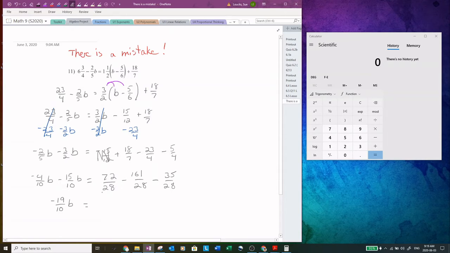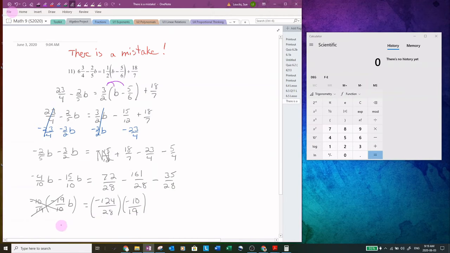Oops. 72 minus 161 minus 35 is negative 124 over 28. And I can multiply this side by negative 10 over 19, and those cancel. And then I'm going to multiply this side by negative 10 over 19.